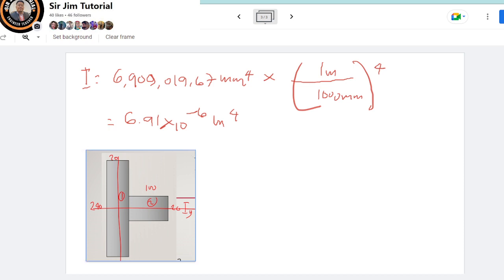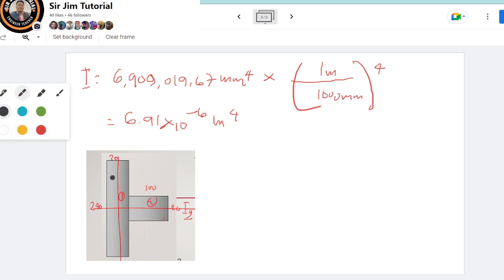Now the moment of inertia with respect to this y-axis. For number one, there's no need to transfer, because the centroid of this rectangle coincides with the centroid of the whole section. So the moment of inertia about y is equal to bd cubed over 12.